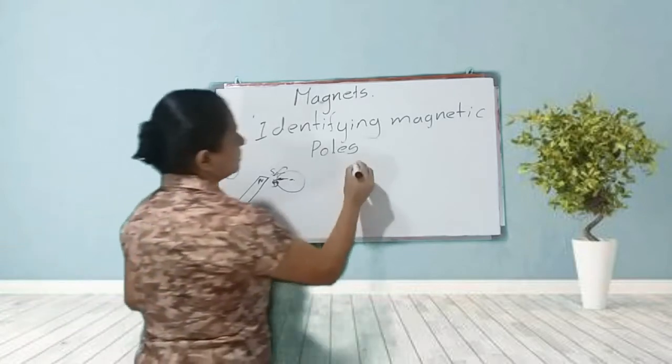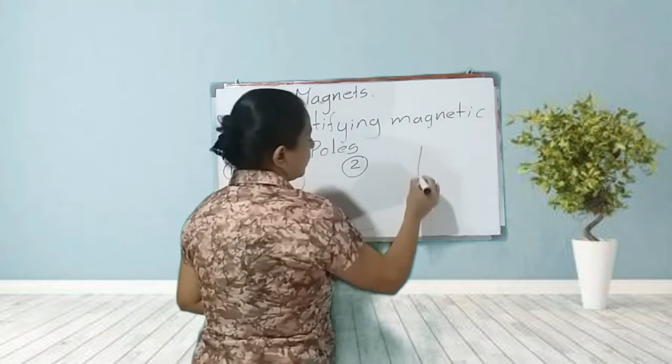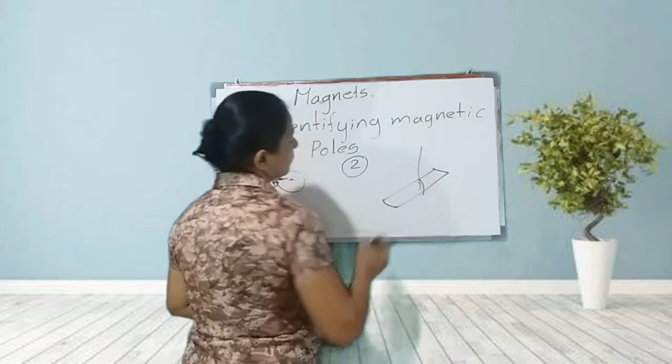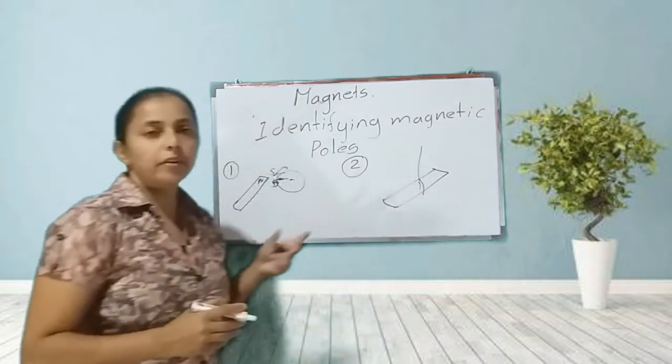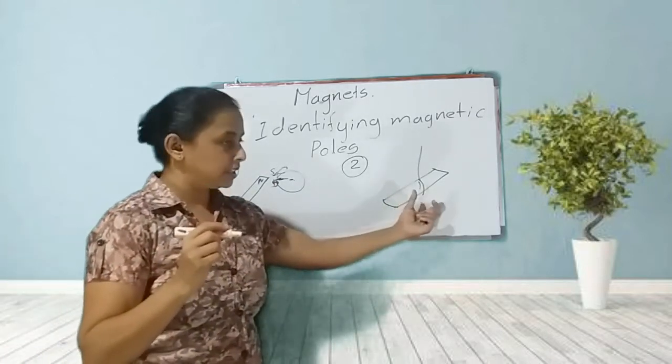Second one, we hang the magnet freely. The magnet stops in the north-south direction of the earth.